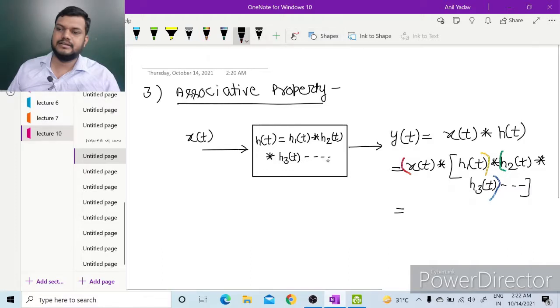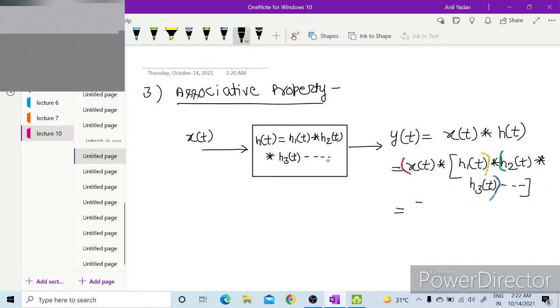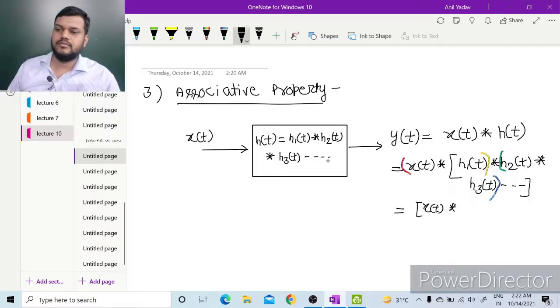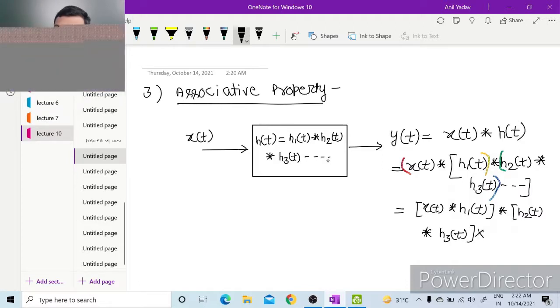So we can write as x(t) convolve h1(t) convolve h2(t) convolve h3(t), and so on. So this is associative property.